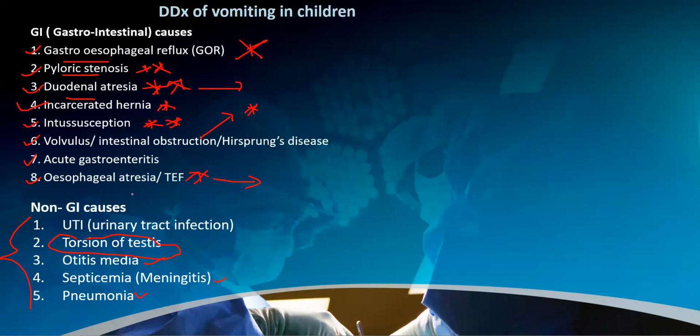We will go through duodenal atresia and esophageal atresia later on. Incarcerated hernia, we are asking about a lump in the groin. Intussusception, we asked. Intestinal obstruction, we have asked. Gastroenteritis, we actually asked. We asked about fever, we asked about vomiting already, and we asked about any diarrhea. So that's gastroenteritis. So all of the GI causes are already done.